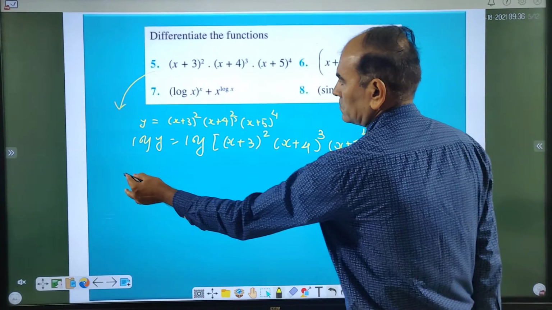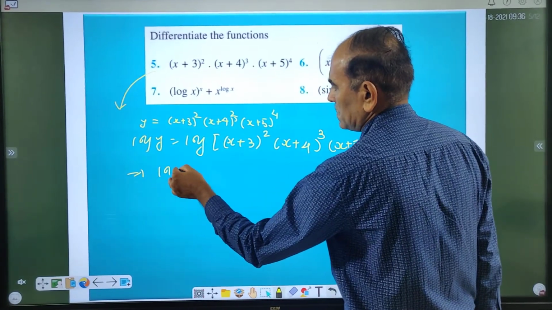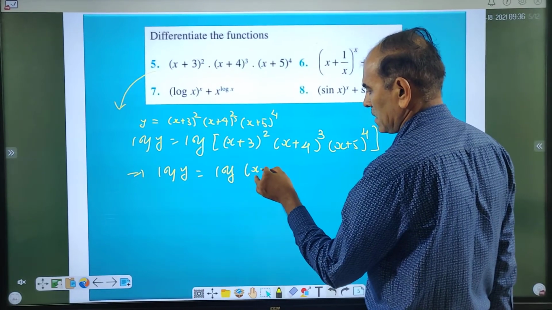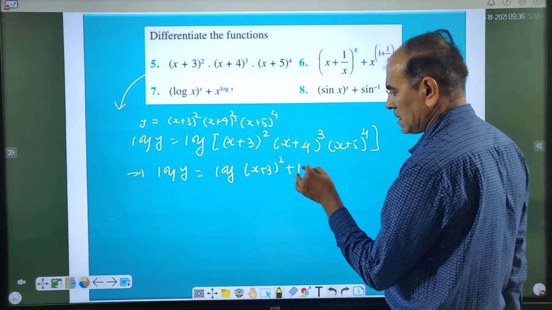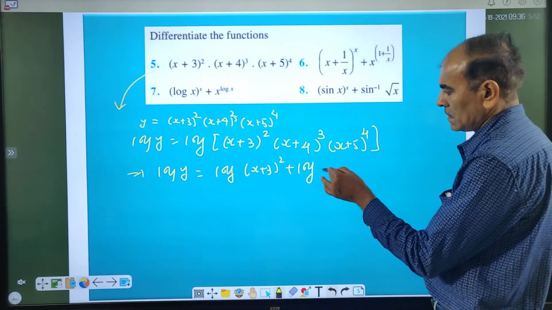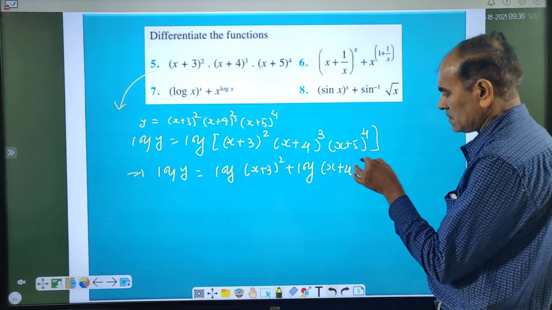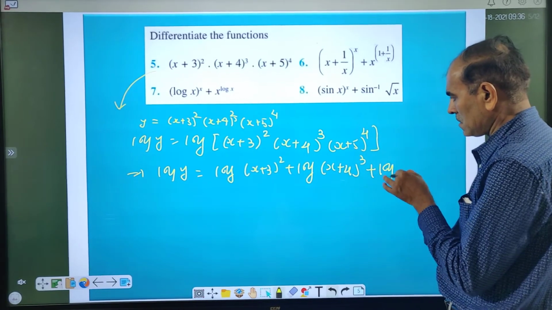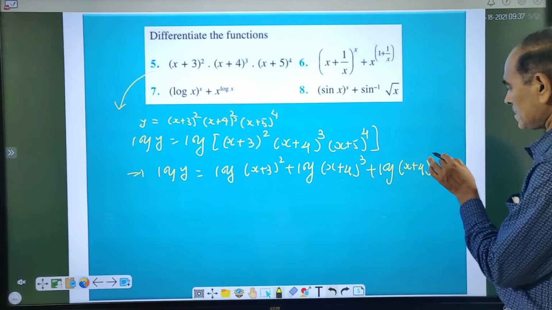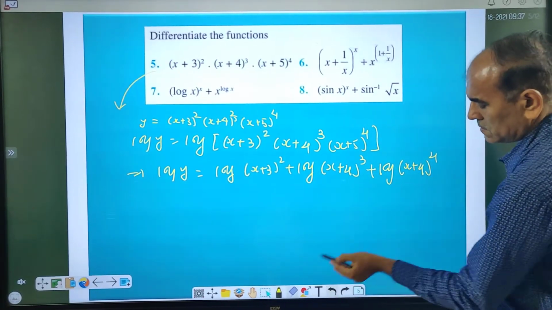So what? This implies log y is equal to log of (x plus 3) whole square, product rule for logarithmic function. Log of (x plus 4) whole cube plus log of (x plus 5) raised to 4.